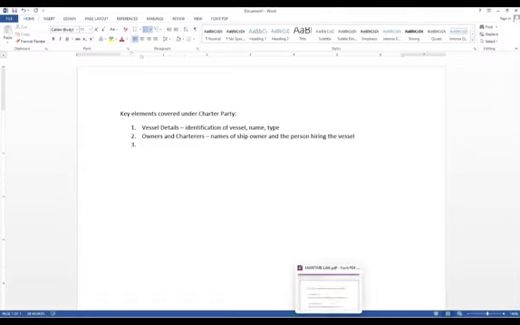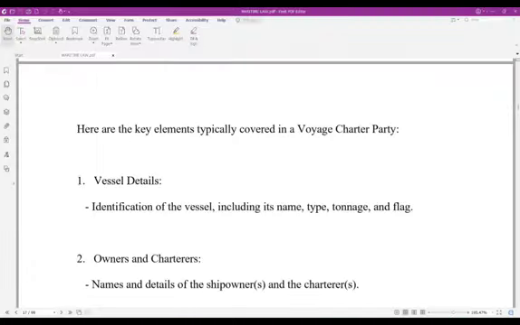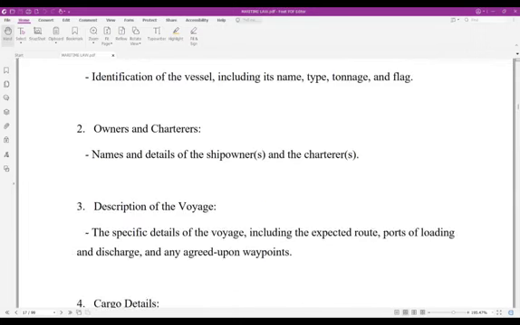Another point here is the description of the voyage.